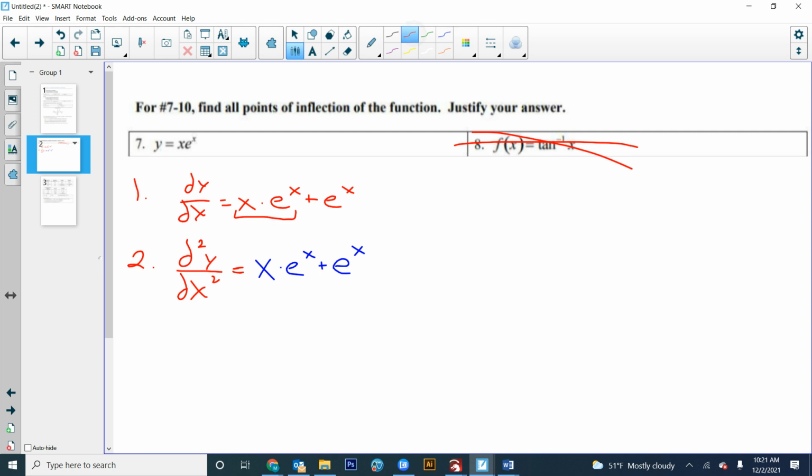Plus, and then the derivative of the second term is e to the x. Do you agree with that? Yes? Well, that's not a real pretty form. Let's clean it up a bit. We have x e to the x plus 2e to the x.